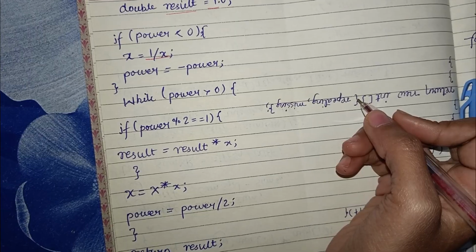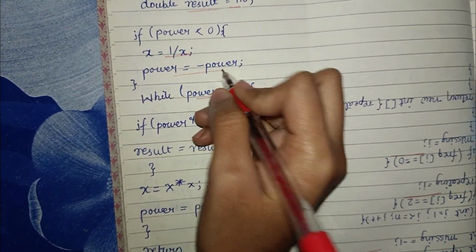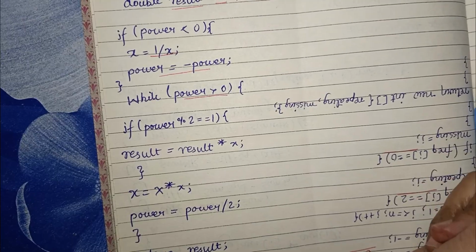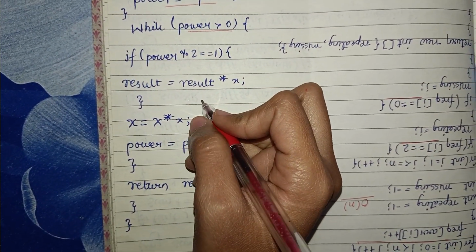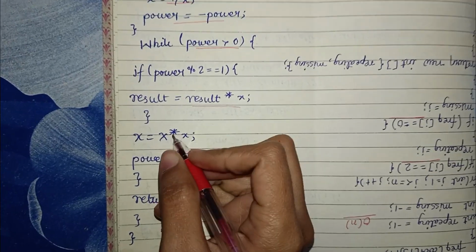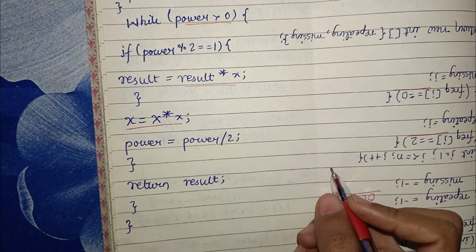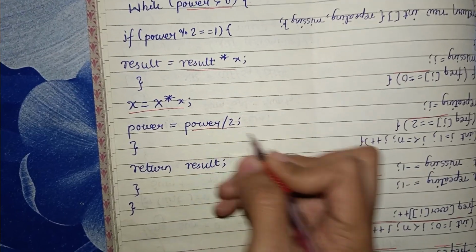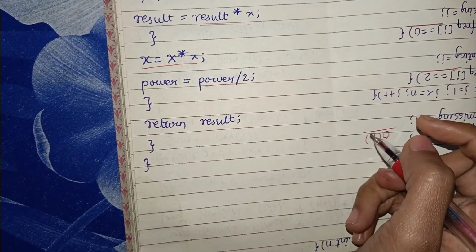Now we run a loop until power becomes 0. If power is odd, we multiply result by x. Then we square x and halve power by 2. This reduces the exponent by half in each step.